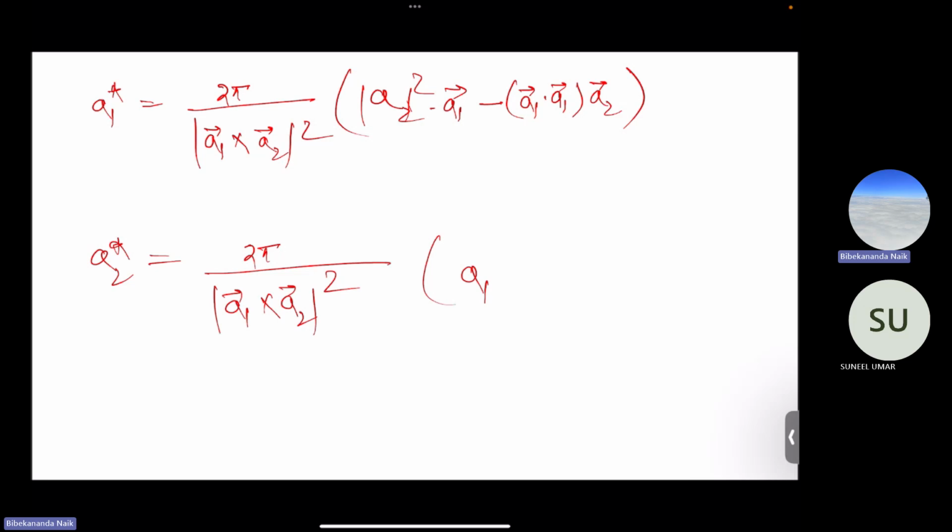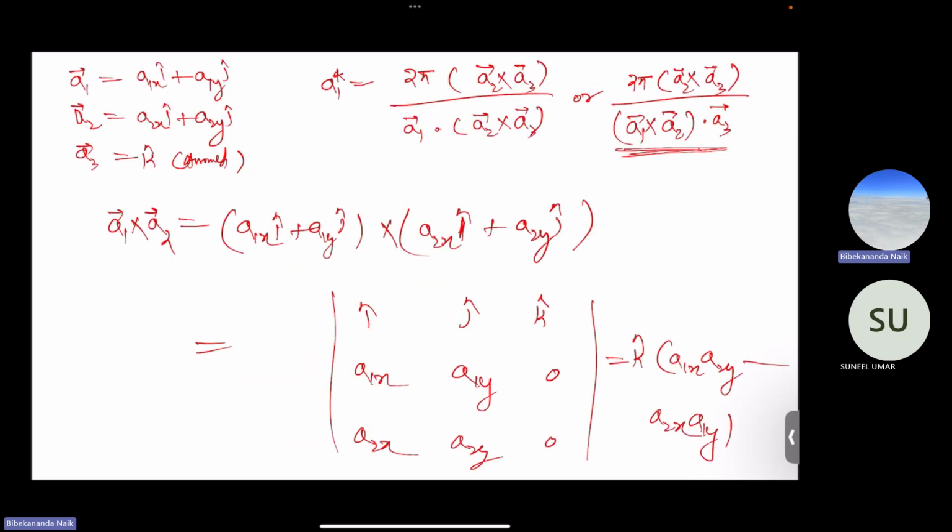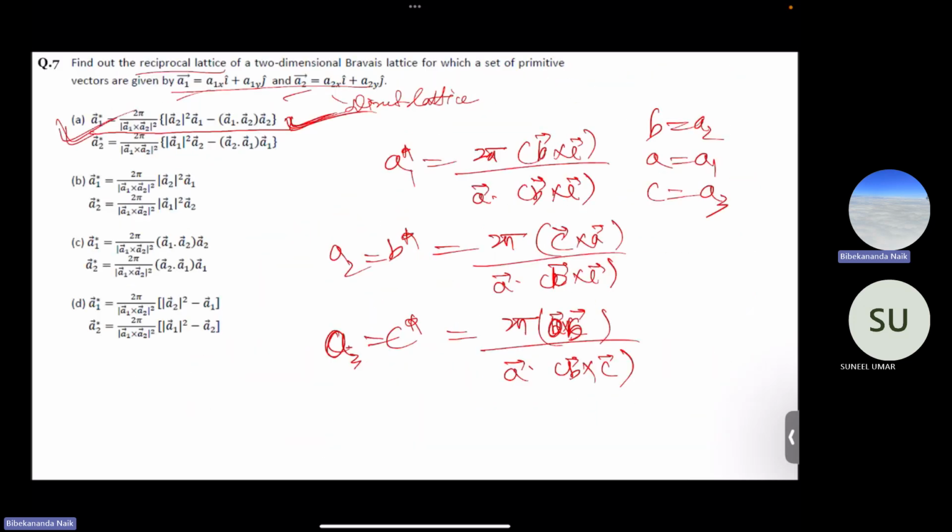Here it was A2 mod square, here it will be A1 mod square into A2 minus (A1 dot A2) into A1. So this is the correct answer, and the correct option is option A. Is it clear to you? Okay, sir.